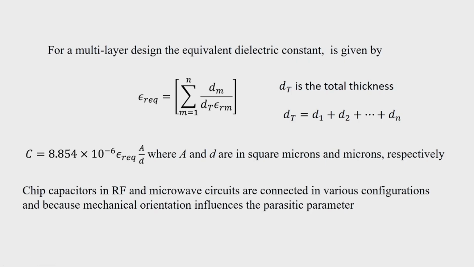Chip capacitors in RF and microwave circuits are connected in various configurations. Mechanical orientation, the manner in which they are connected, influences the parasitic parameters for such capacitors.